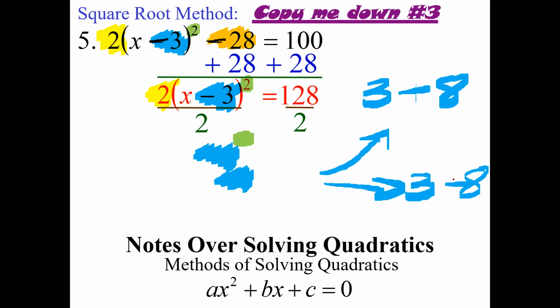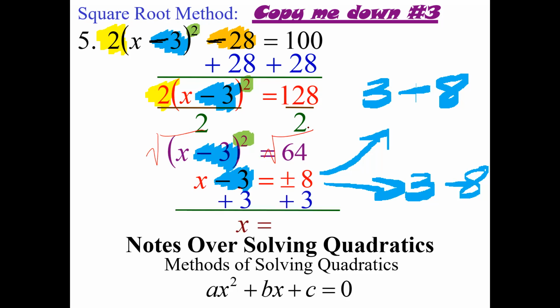Now 128 divided by 2 gives you 64. To get rid of that square, I'm going to square root both sides. The square root of 64 gives me plus or minus 8. Then lastly, you're going to add 3 on both sides. You have 2 different answers. Positive 3 plus 8 is 11. Positive 3 minus 8 is -5. And those are your 2 different answers.